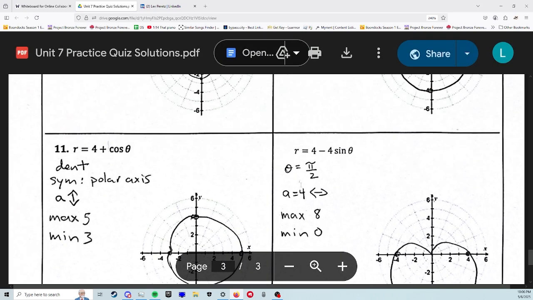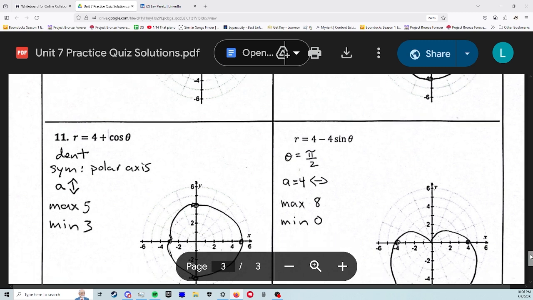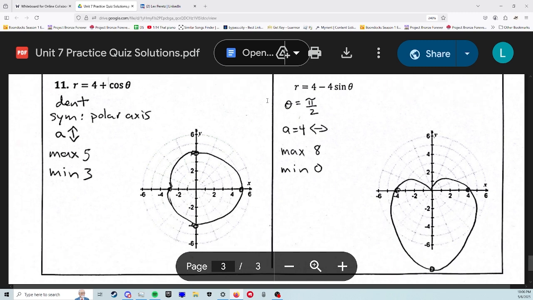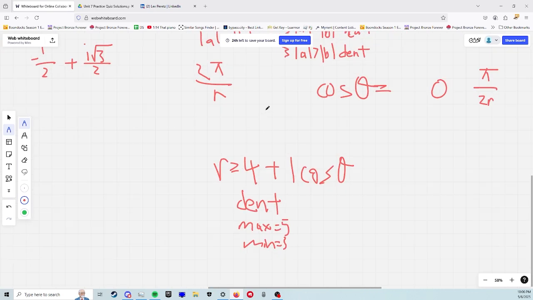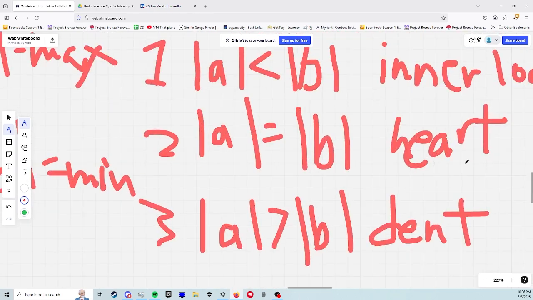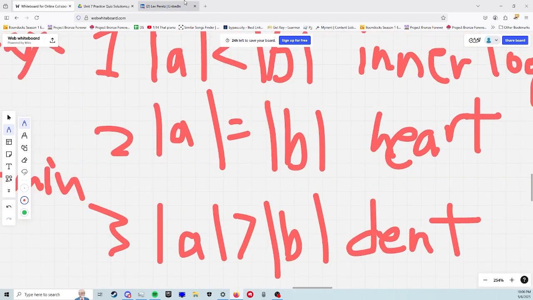And the last one. r equals 4 minus 4 sine theta. So theta equals pi over 2. That's over what axis it is. It's over the y-axis. Okay, and because A and B are equal, it's a heart graph, a cardioid.